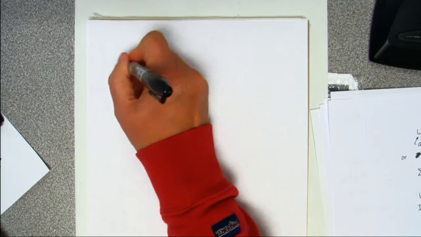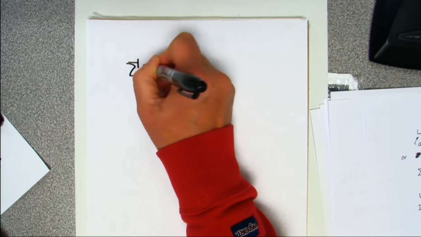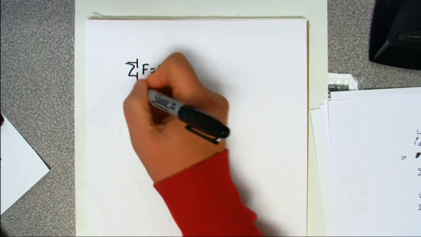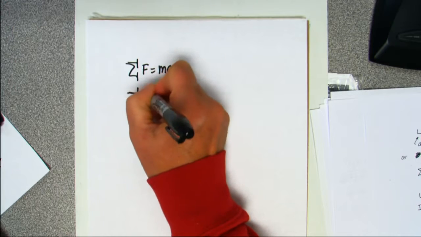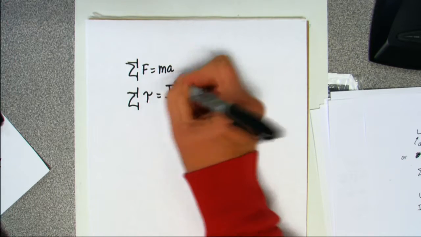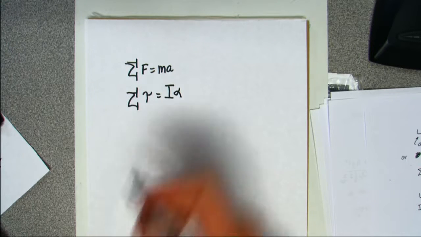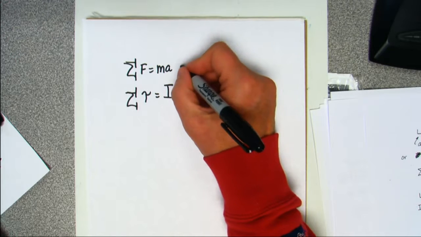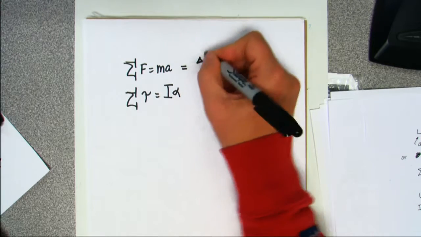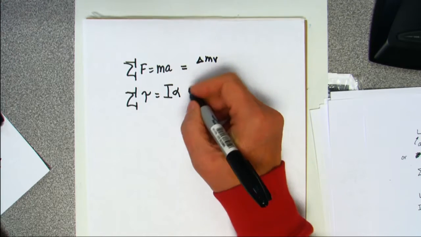So let's go back and define that angular momentum where I messed up. Summation of forces is equal to mass times acceleration. Summation of torques is going to equal I alpha. Summation of forces is also equal to a change in momentum with respect to time.